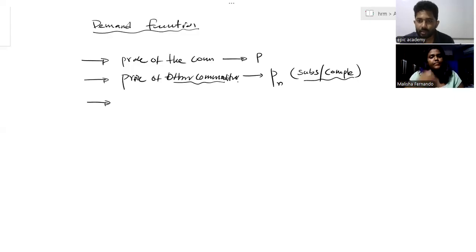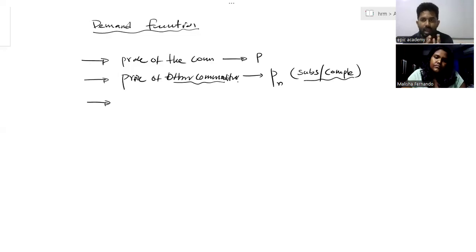If you are hungry, you are going to eat rice and curry. It is a substitute for bread and others. You are going to utilize one commodity for another commodity. That's the meaning of substitutes.